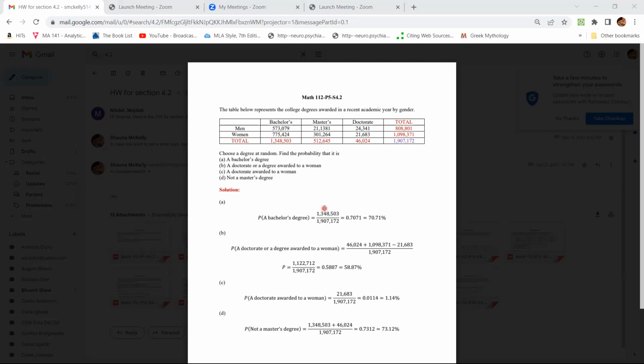So if you take those two numbers, you put them in your calculator: 1,348,503, and I'm going to divide it by 1,907,172. So here, let me show you just to remind you how that works.